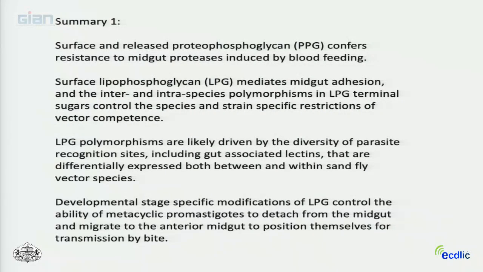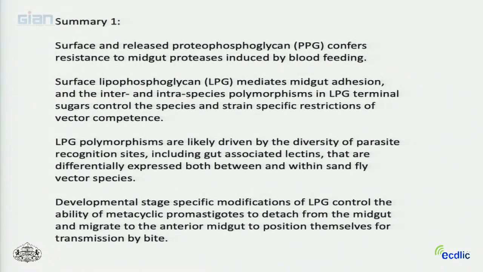So again, LPG is the most polymorphic molecule described in Leishmania, and it's driven not by factors in the mammalian host, but we're convinced by the diversity of parasite recognition sites in different species of sandfly vectors.